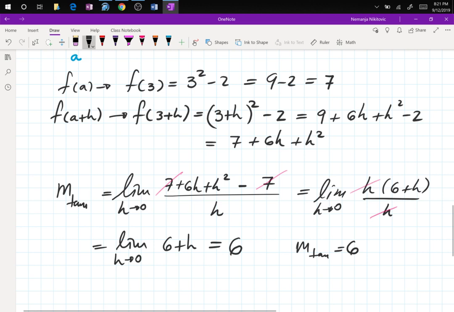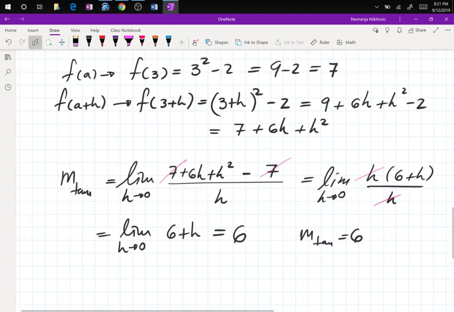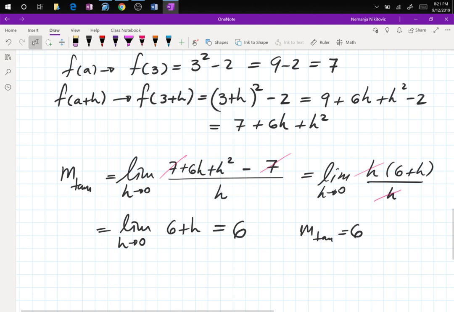Okay, so we calculated for this function, find the slope of the tangent line, and we got that at value 3, the slope is 6. Now, as it happens, let's say you're working at a corporate job, and this was assigned to you by your boss.